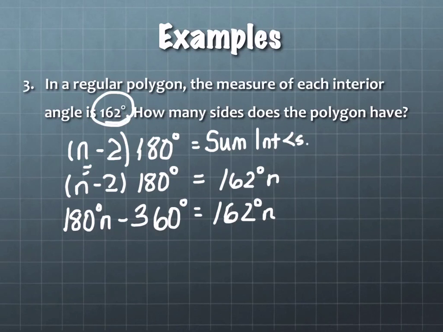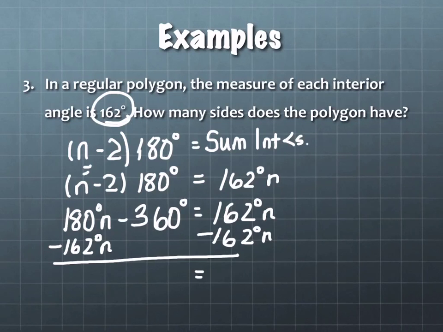I need to get the n's on the same side, and I'm kind of a fan of making things positive, which means I would tend to move the 162 to the left. There's nothing special about that. If you move the 180 to the right, that's okay. You'll just have a negative number. So if I have this, I now have a 0 on the right. What's 180 minus 162? 18 degrees n, minus 360.